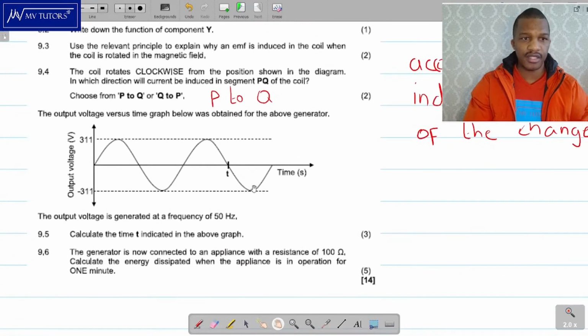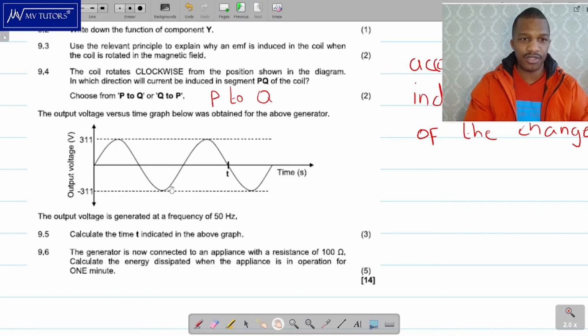It says the output voltage versus time graph below was obtained for the above generator. Okay, output voltage here is on the y-axis. Its maximum is 311, minimum minus 311.